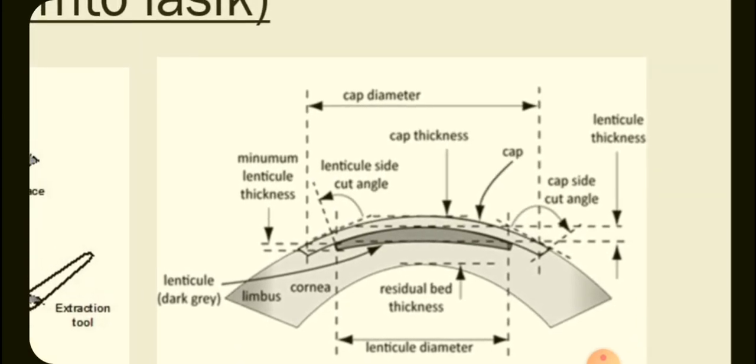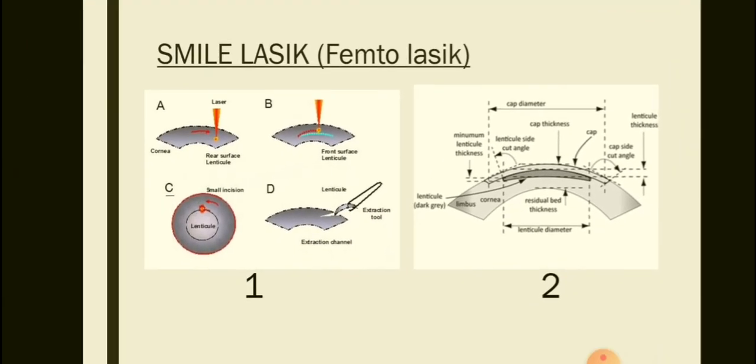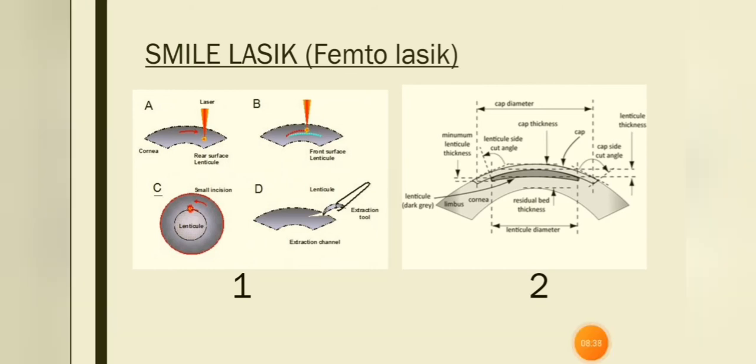So no flap is created, but a tissue of the cornea is removed by a forceps-like instrument, and it ultimately reduces the corneal thickness, which is very beneficial in reducing the refractive error of the eye. That is SMILE, that is small incision lenticule extraction.